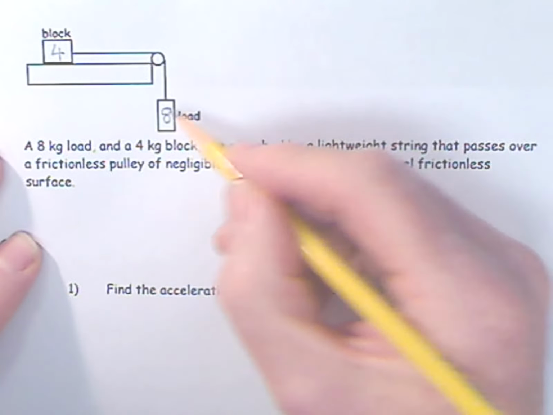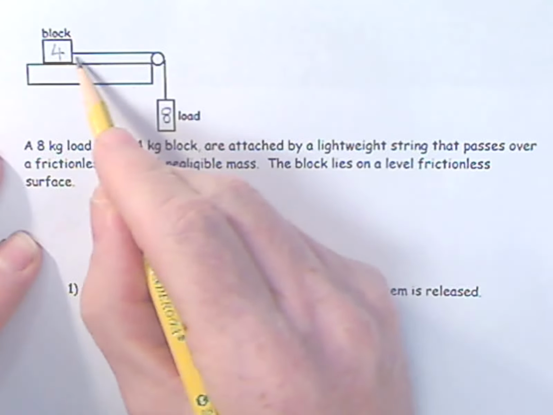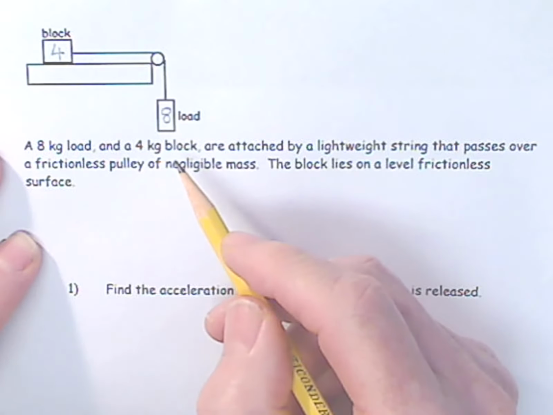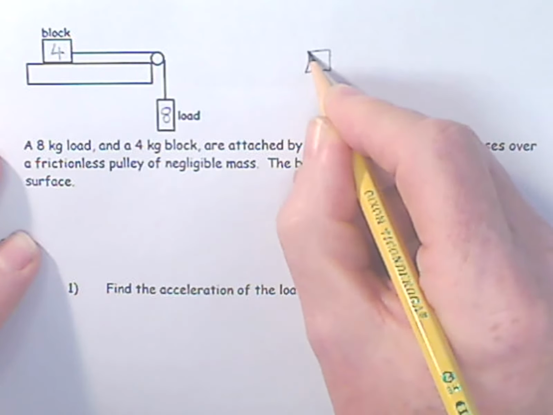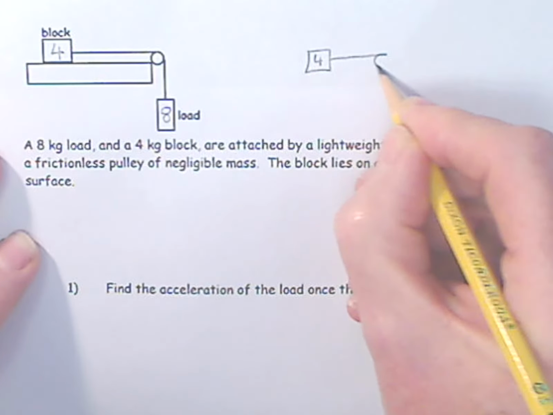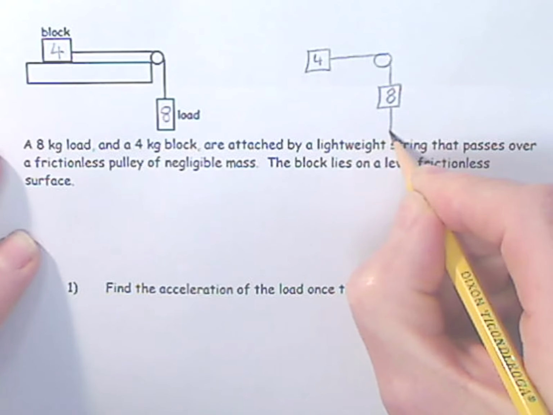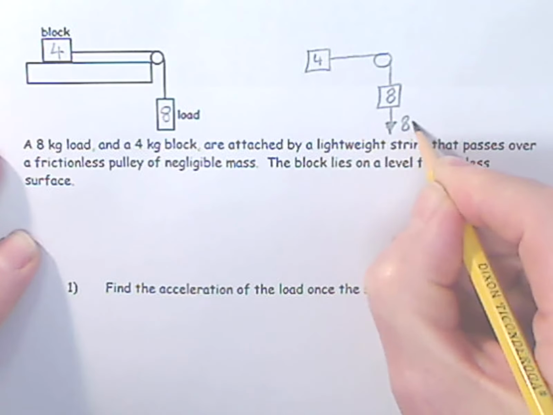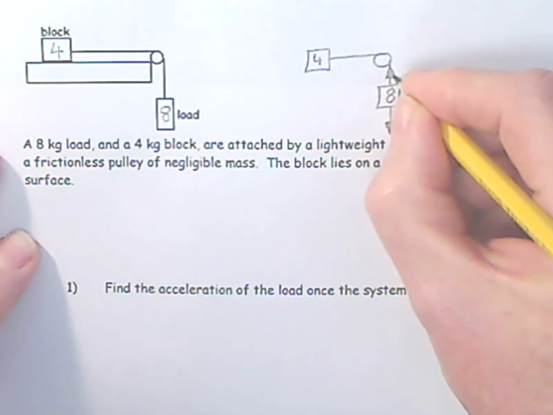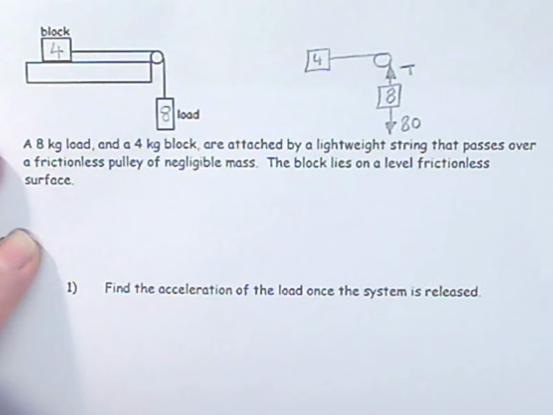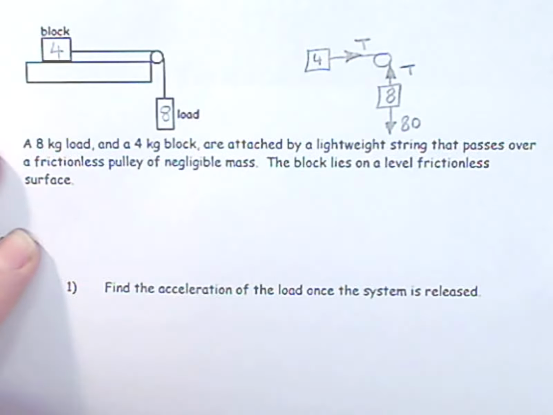So what's going to happen is this load is going to fall downwards because of the pull of gravity. It's going to pull on the piece of string, which is going to pull the block across the table. Let's do a more complete diagram here. So here's our 4 kilogram block, and then here is our 8 kilogram load, and of course that's going to be 80 newtons pointing downwards, and then pulling back up here is the tension of the string, and then pulling forwards here is the tension of the string.